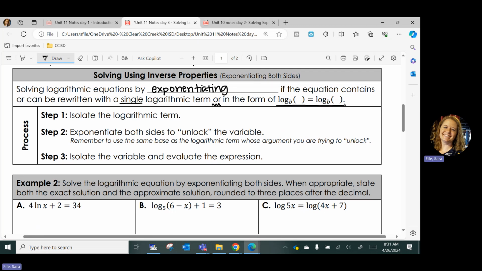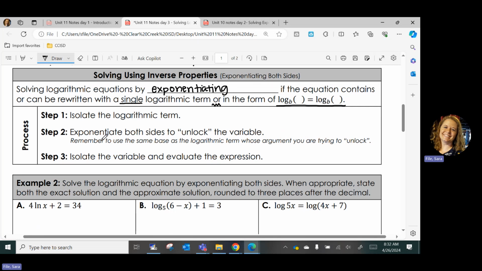Exponentiating will work whether there's a log on both sides or only a single log. That's the one benefit of this. The process is to isolate the logarithmic term. If we're dealing with a single log, you isolate it and then you exponentiate both sides to unlock the variable, to get the x out of the argument of the log.